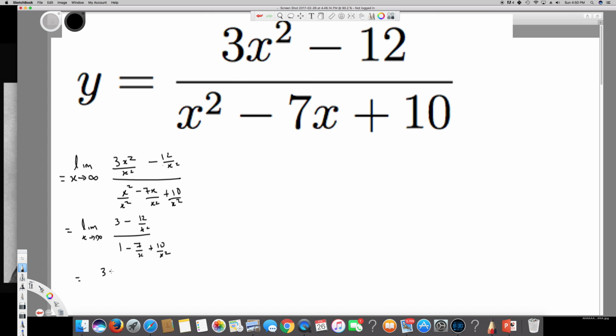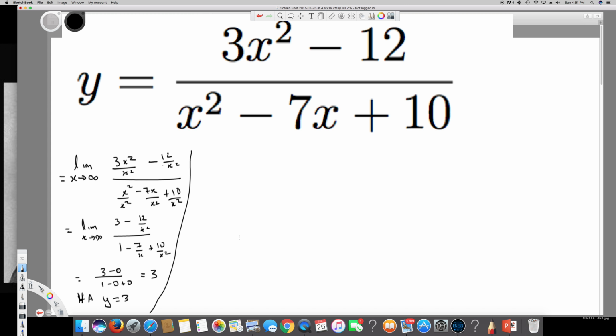So 3 minus 0 over 1 minus 0 plus 0, right? So the answer is 3. Therefore the horizontal asymptote is y is equal to 3. This is my horizontal asymptote.